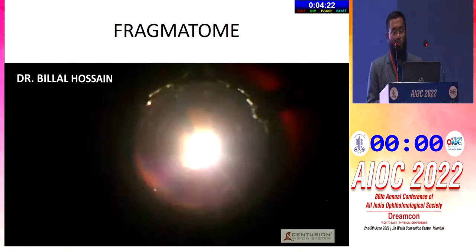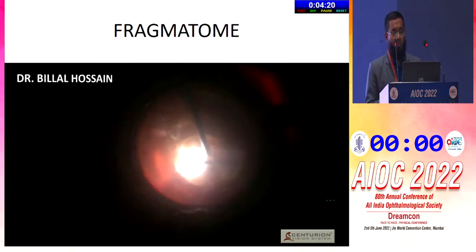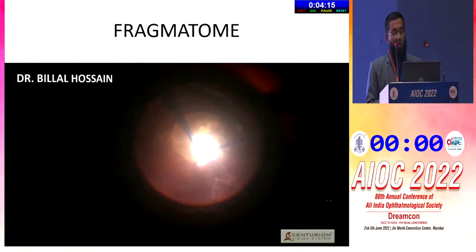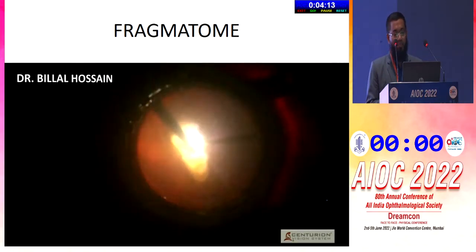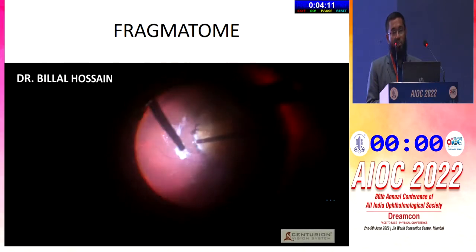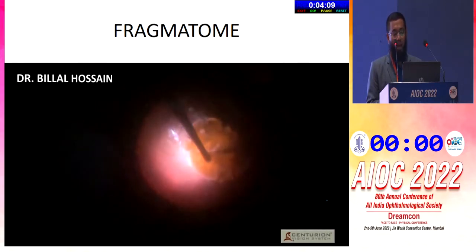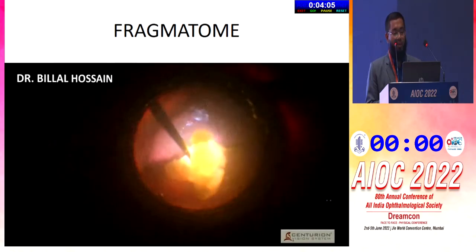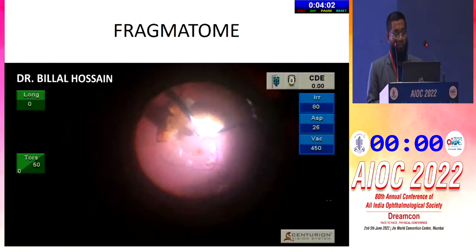Then the fragmatome is used to emulsify the nucleus, as in the same procedure of phacoemulsification. As the fragmatome uses moderate power and high vacuum, it is very important to remove all surrounding vitreous along the nuclear matter.